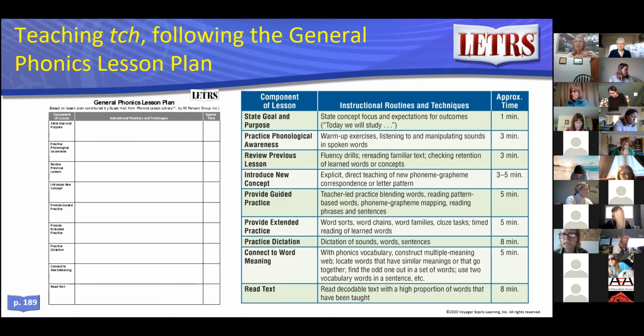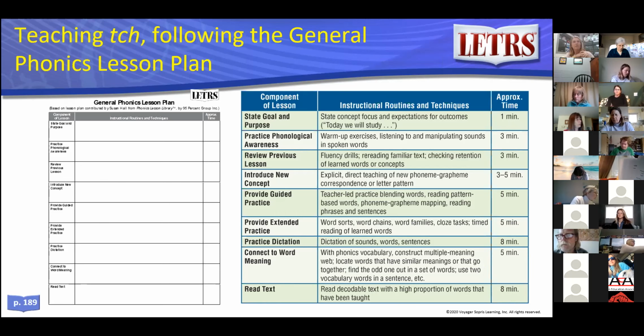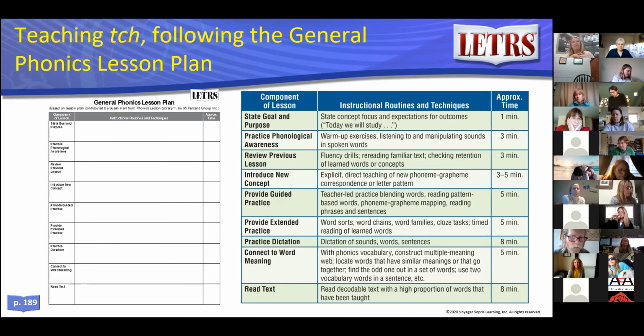There really isn't just one thing you would do in each of those sub parts of the lesson, but choices that you would make. As the instructor, you would know what you've done, how you want to vary it, what might need more repetition. There's a lot of teacher choice in here based on what your students need. But following this as a guide from start to finish gives you a nice comprehensive phonics plan.